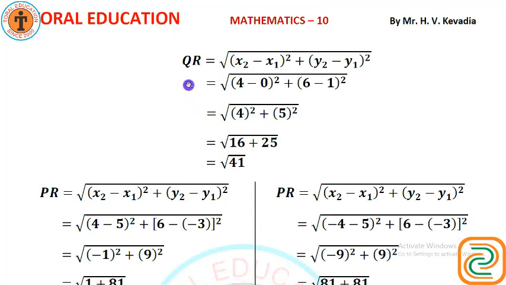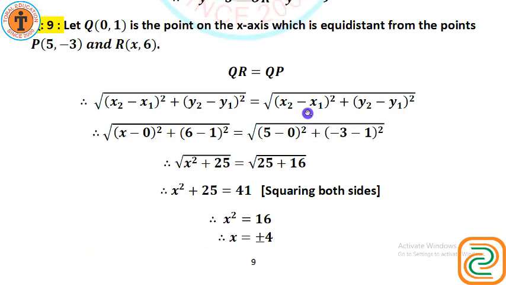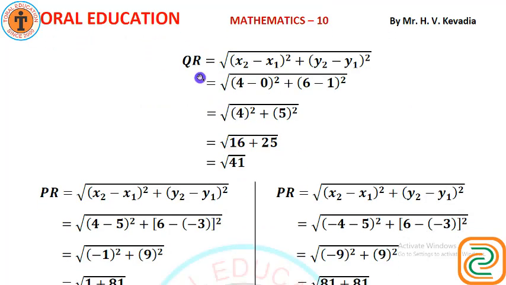Now we have got the distance QR. We have two values of x, right? When we take x equals 4, QR is square root of (4 minus 0) whole square plus (6 minus 1) whole square, that is root 41.